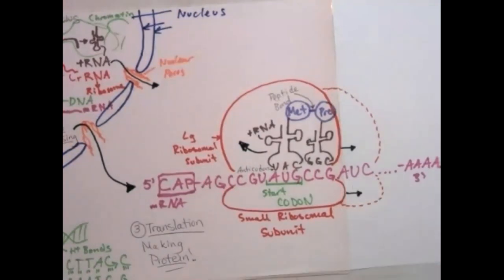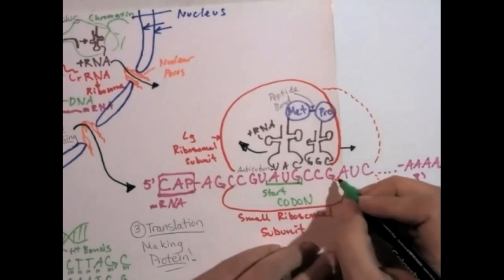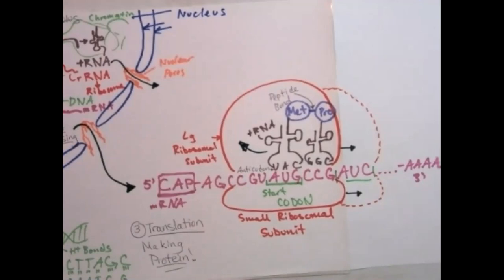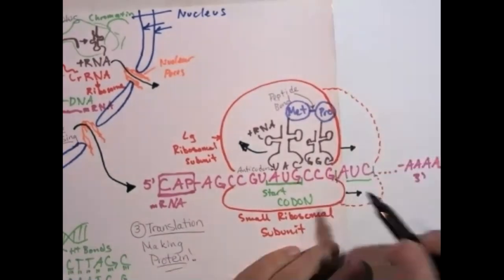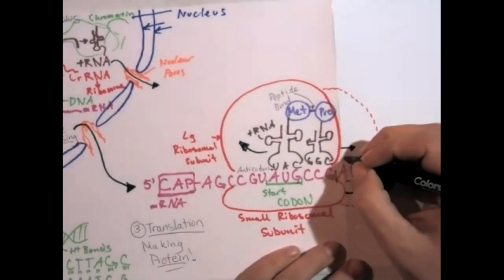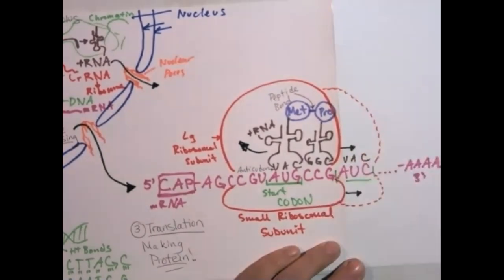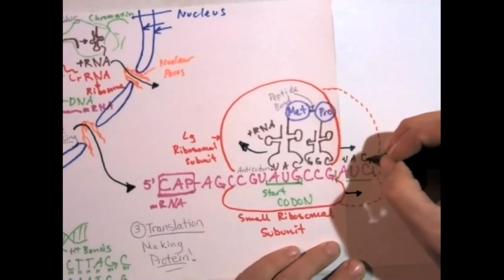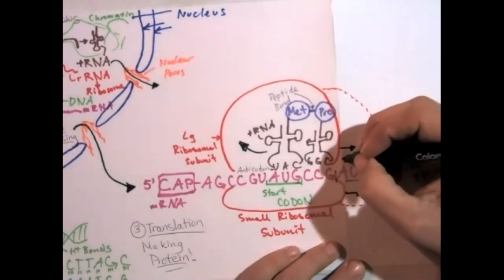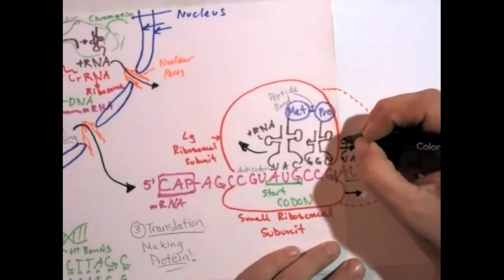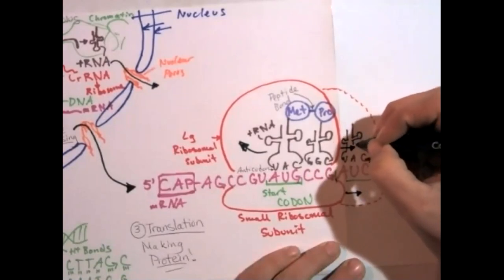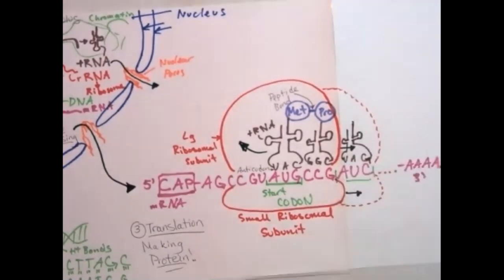The next codon is AUC. So again, a tRNA with UAG is going to arrive in the ribosome, bringing with it the next amino acid.